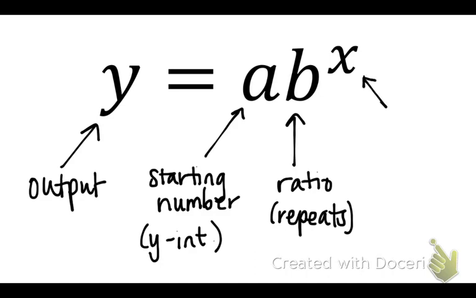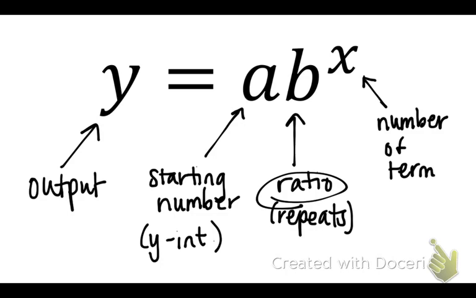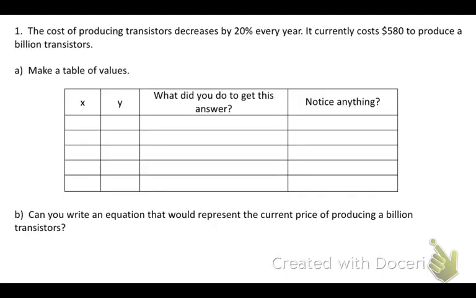And x represents the number of terms, how many times you have to multiply the ratio. So that's what we had learned in our lesson yesterday. Let's see how it can look a little bit different.